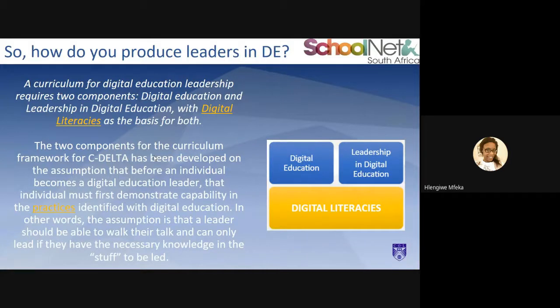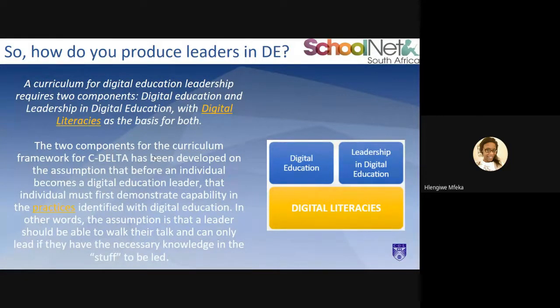So the curriculum of this program has two components. The base being the digital literacies. Now, when we mention digital literacies, we are mentioning it in a broader context, not in the context of digital literacy as a skill, but broader than that, digital literacies as the base.